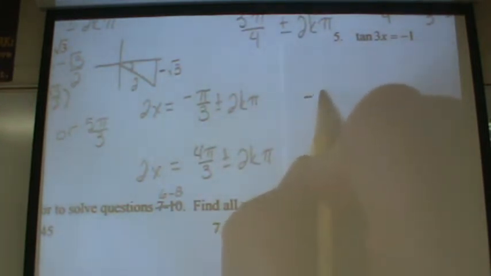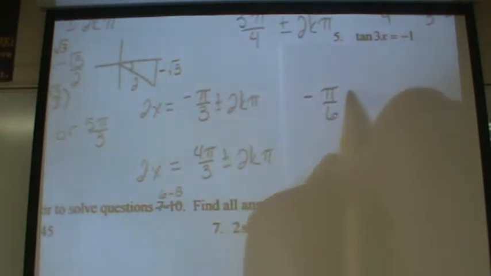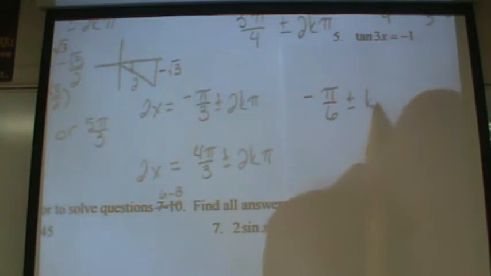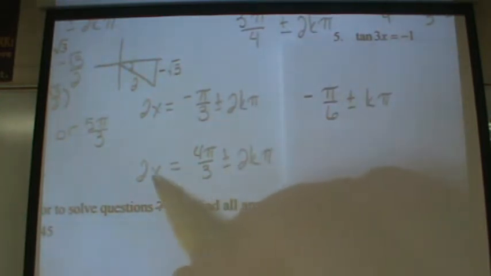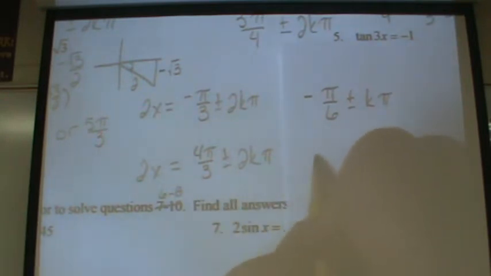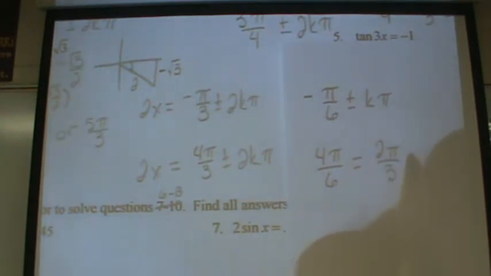You're going to end up with negative pi over 6 plus or minus k pi, because we divided that by 2 as well. And then for the second one, we get 4 pi over 6, which equals 2 pi over 3 plus or minus k pi. Again, dividing that 2k pi by 2.